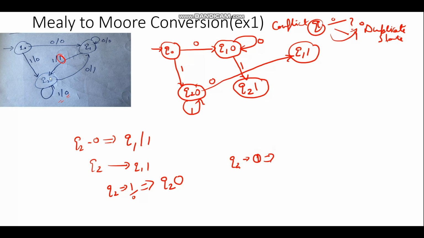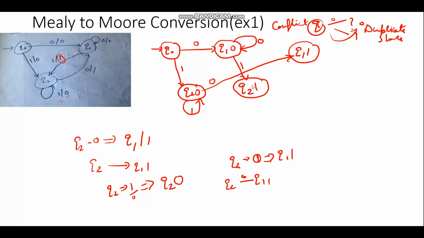In this case when Q2 is given input 0, it is going to state Q1, and in that case the output is 1, which means Q1 1. So there should be an edge from Q2 0 to Q1 1 for the input 0. So do we have Q1 1? Yes, we have Q1 1. We have created the 0 and 1 edges. So Q2 0 is complete.